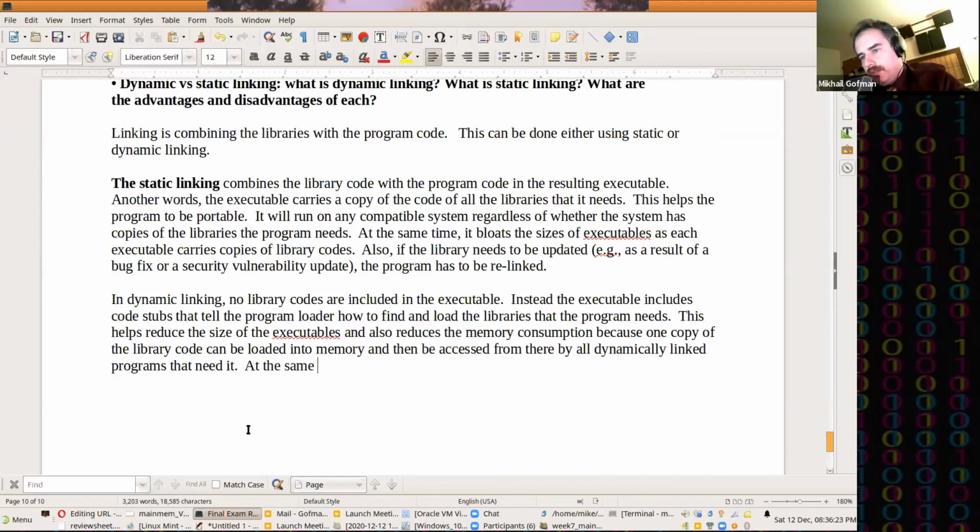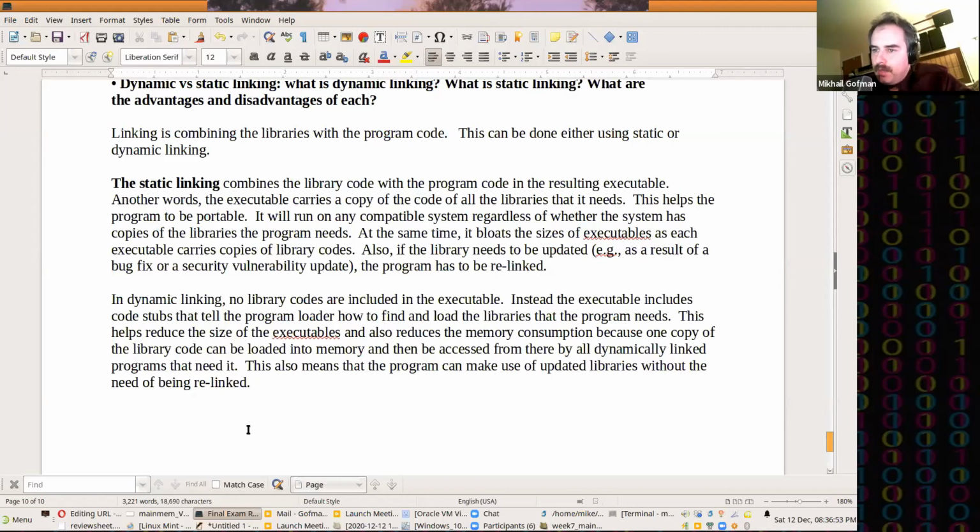At the same time, this also means that the program can make use of updated libraries without the need of being relinked.